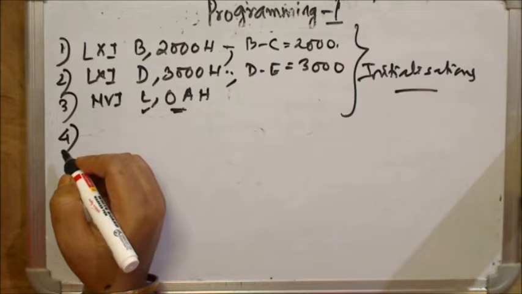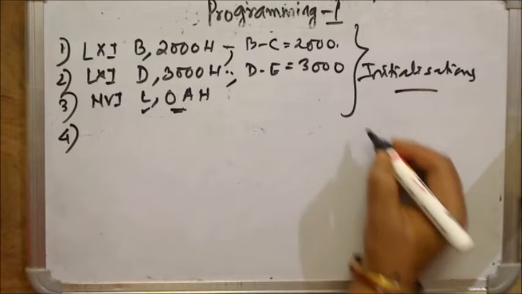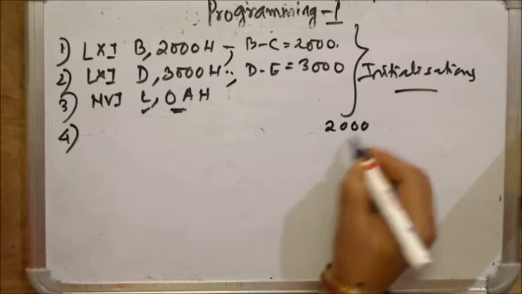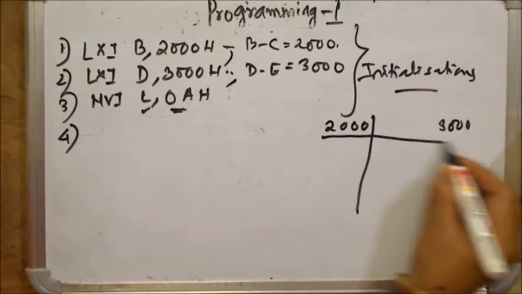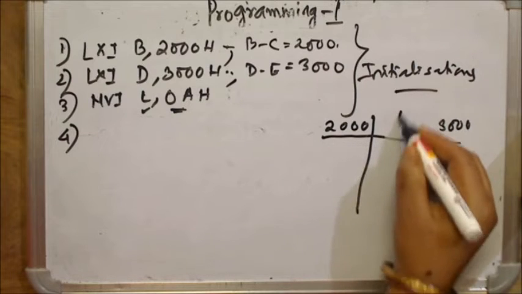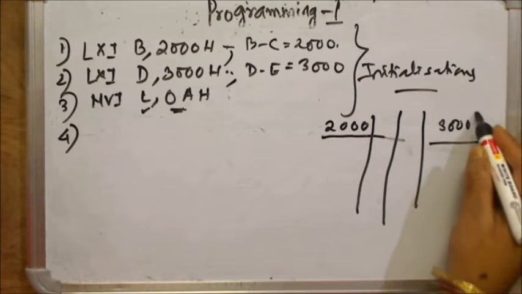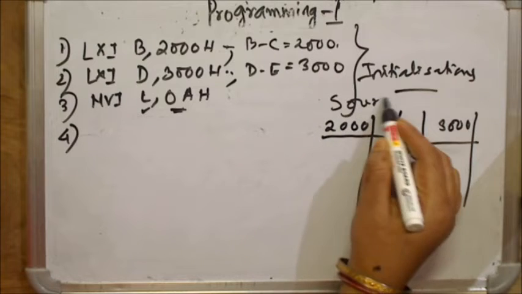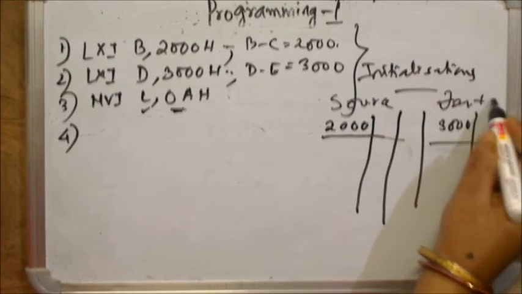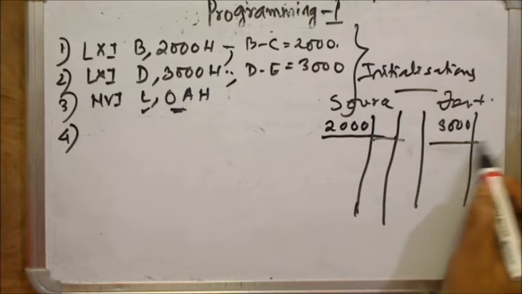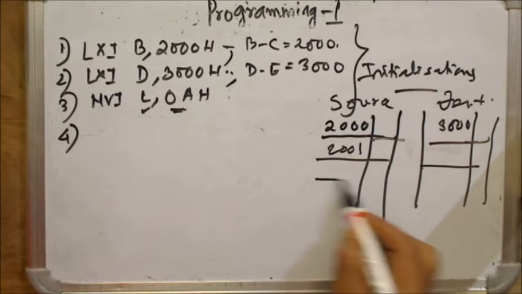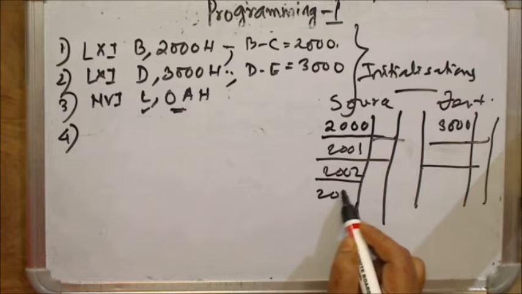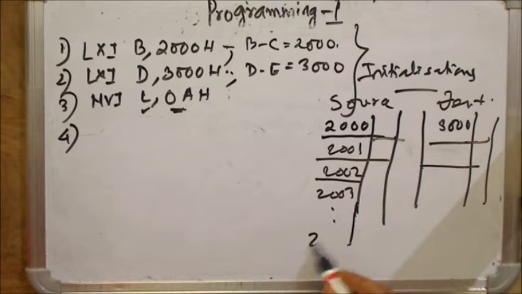Fine. Now next we have to take the data pointed by BC pair into A. This was 2000. This was 3000. This is the source. This is the destination. This is 2001, 2002, 2003 and so on up to 2009, right?